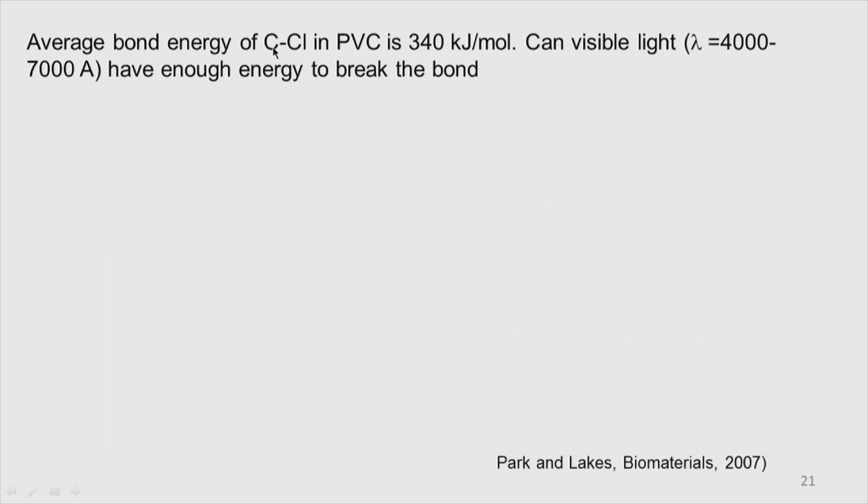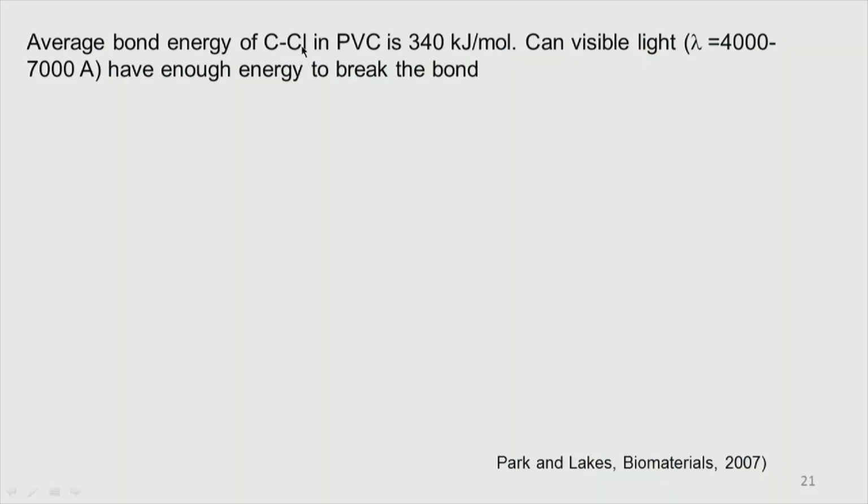Average bond energy of carbon chlorine in PVC, as you know, polyvinyl chloride, it contains a lot of chlorine. The bond energy of this C-Cl is 340 kilojoule per mole. Now, can visible light which has got a lambda of 4000 to 7000 angstrom have enough energy to break the bond?